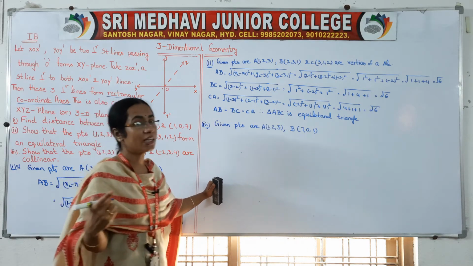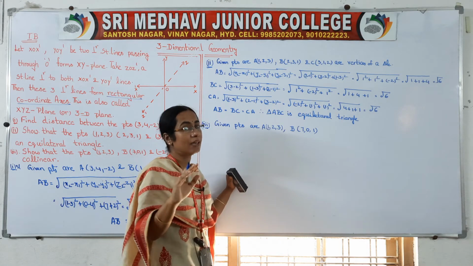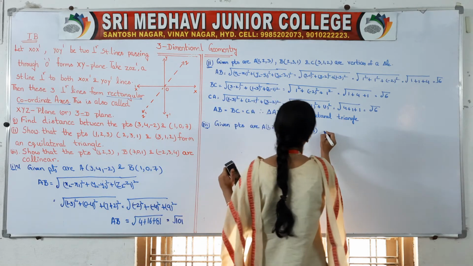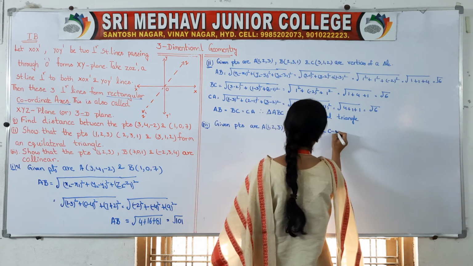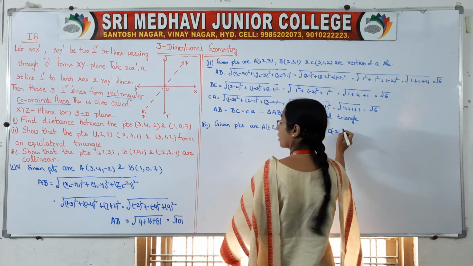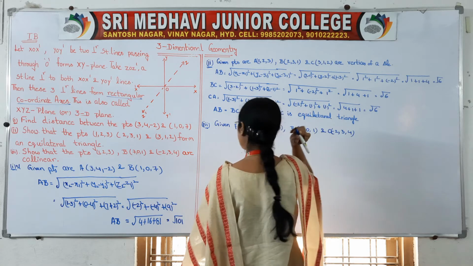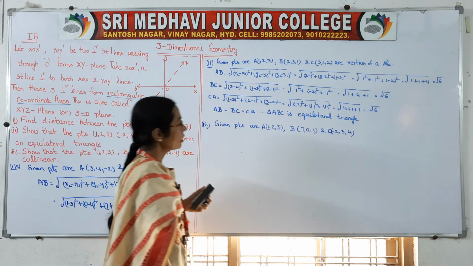Collinear means the sum of the lengths of any two lines must be equal to the third line. And C is -2, 3, 4. These are the 3 given points.